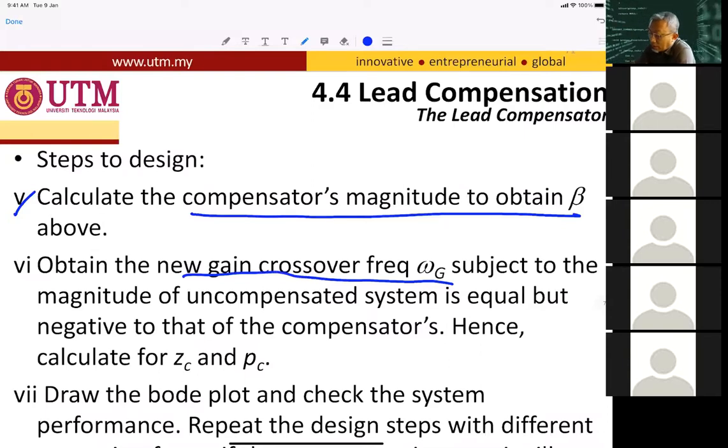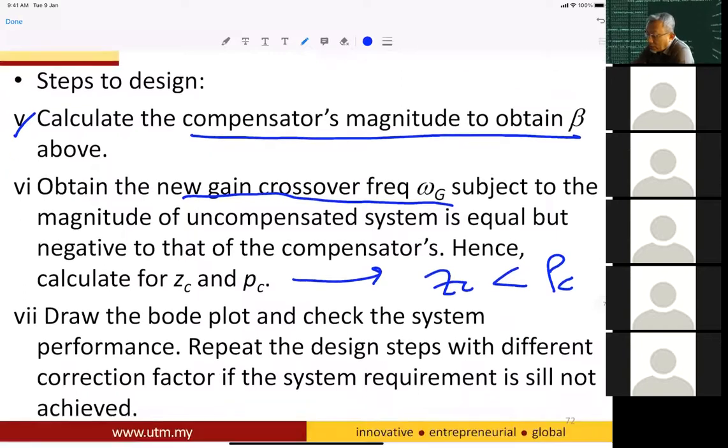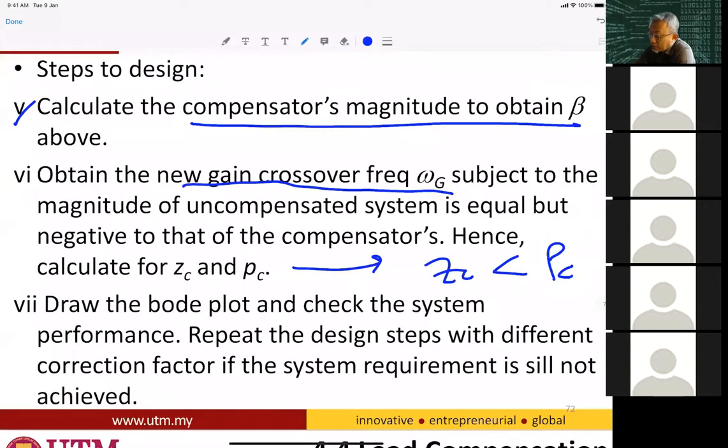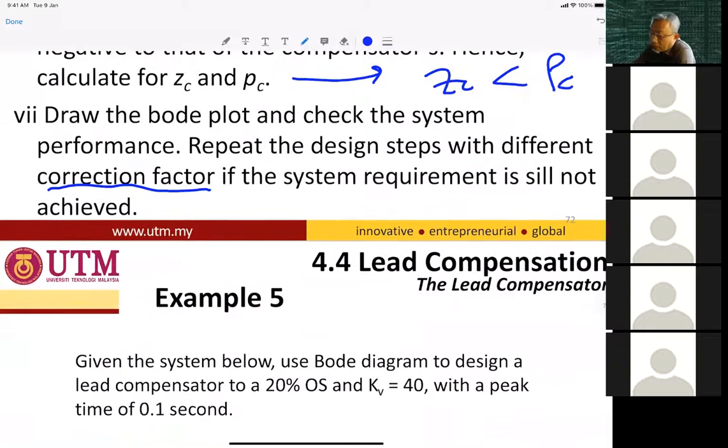Hence, you will get the ZC and PC, with ZC less than PC. Draw the Bode diagram again to check whether the design specification has been fulfilled. If not, you have to repeat with a new correction factor, either increased from 10 degrees or less than 10 degrees.